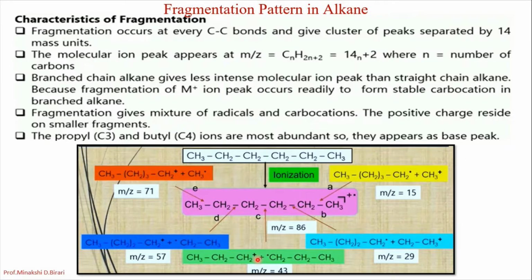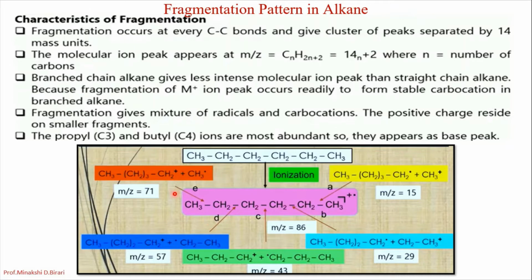Now next one, again the fragmentation occurs with cleavage of a carbon-carbon single bond. We can represent this as D cleavage. We get the formation of butyl cation, having m/z equal to 57, and the radical is present on the smaller fragment.